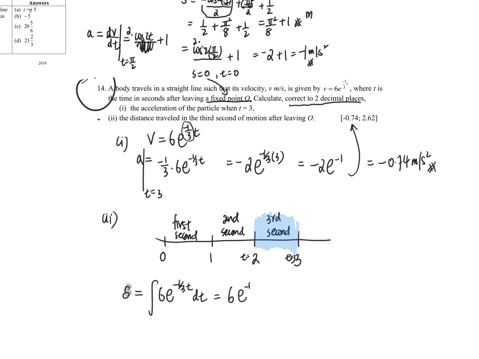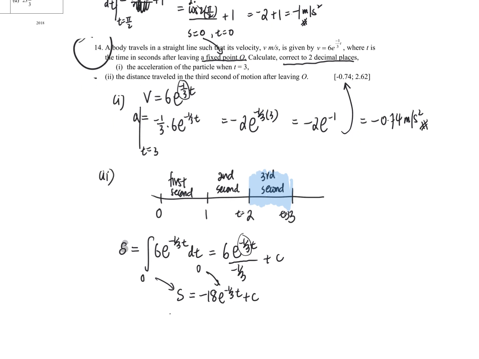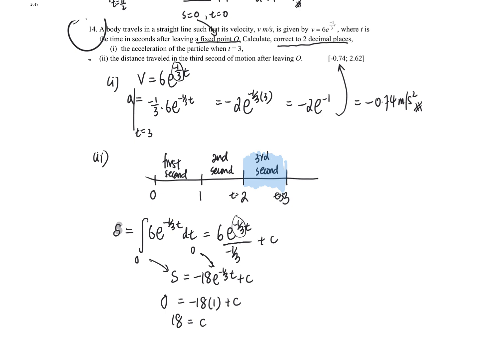Keep the original expression but divide by the differentiation of this. And then do a plus C. So you sub in s as 0, sub in t as 0. You end off with 18. So displacement is minus 18.